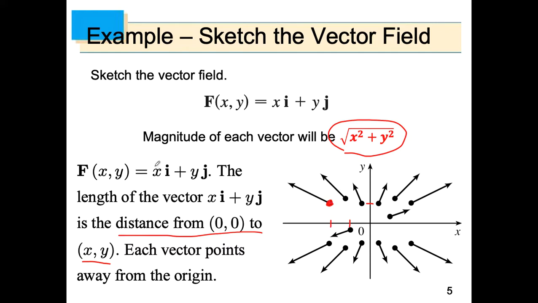So you'll notice over here, I'm going to replace x with -2, and I'm going to replace y with 1. And literally, this vector right here is the vector -2, 1. Now again, these are not in standard position. These do not begin at the origin. They begin at the actual point in question.